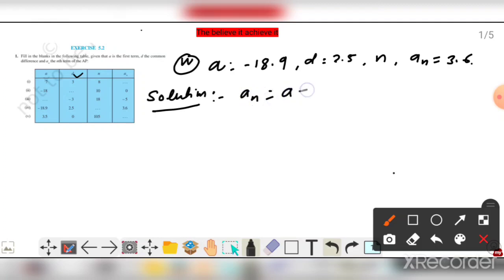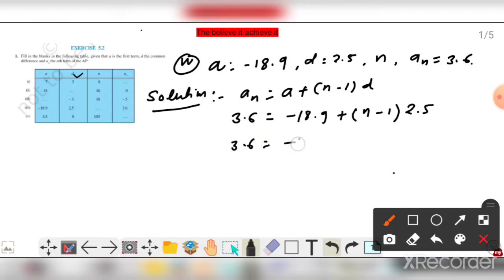An is equal to A plus n minus 1 into D. An is given 3.6 equal to, A is given minus 18.9 plus n we have to find out, and D is given 2.5. So it will be 3.6 equals minus 18.9 plus 2.5n minus 2.5. It will be minus this, and this value will be added.